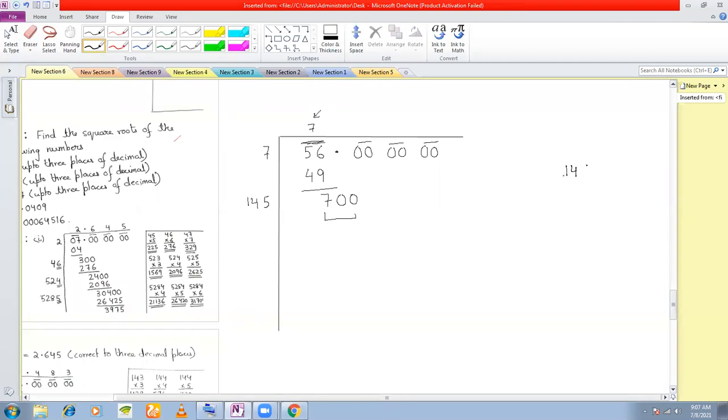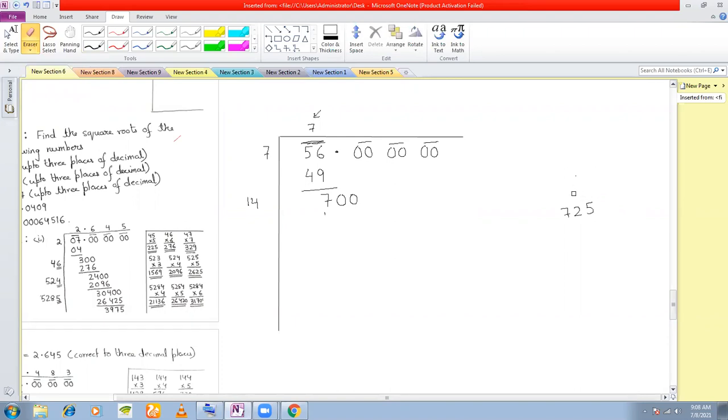So 145 into 5 will give you 725, which is greater than 700, right? That means we cannot put 5, so we remove 5 and try some other digit.